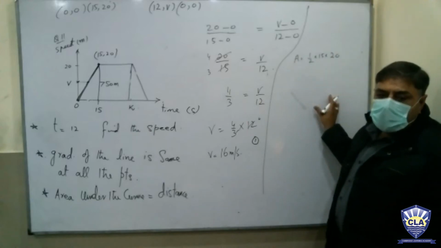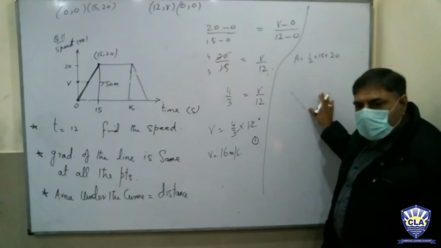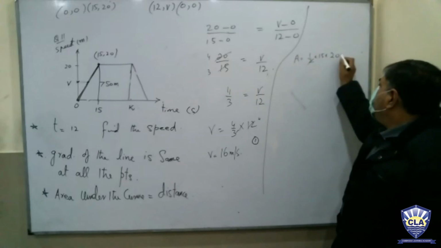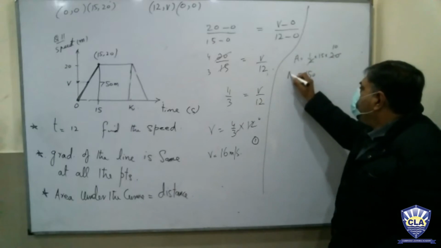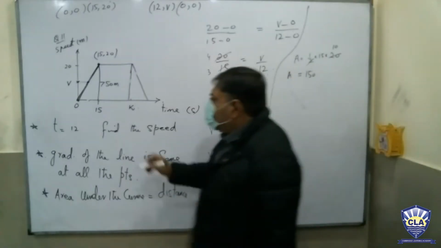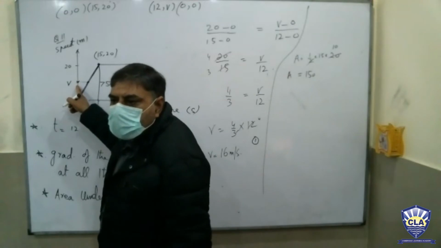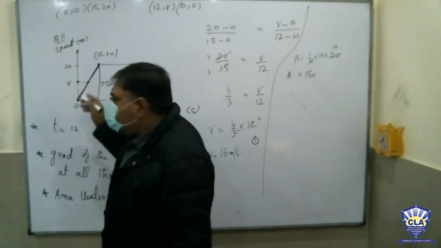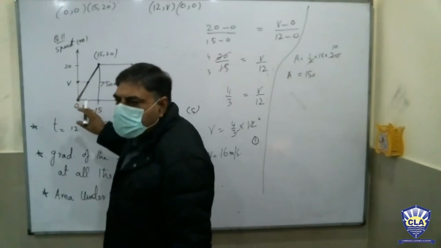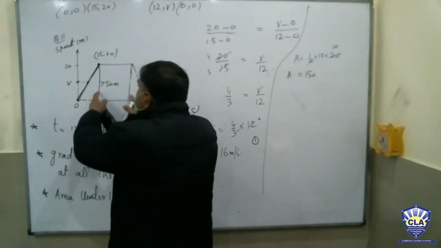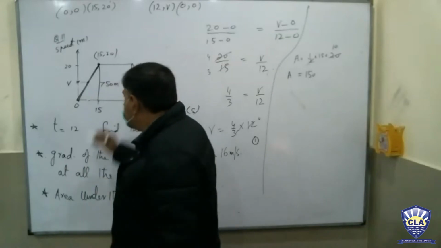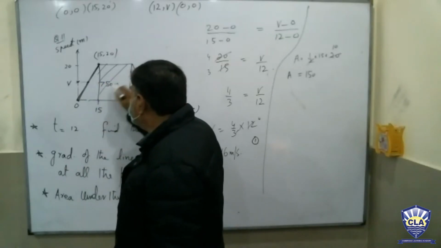The area of the triangle is 150. If we subtract 150 from 750, we are left with 600. So 600 is the area of this block.